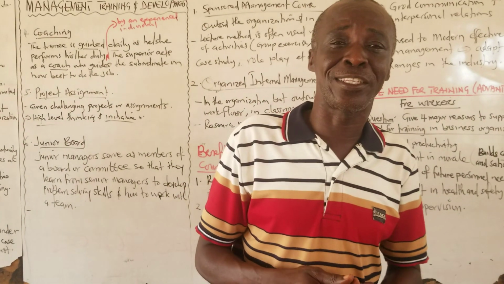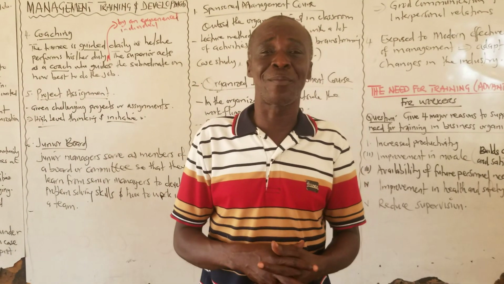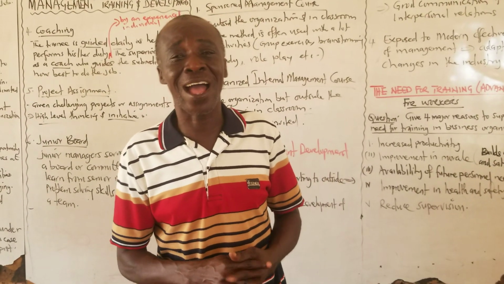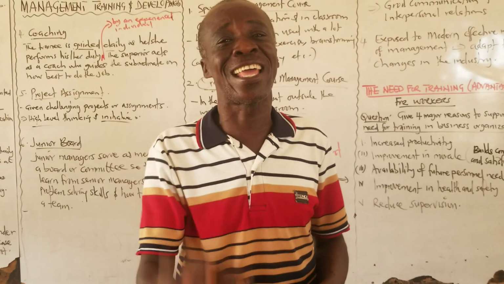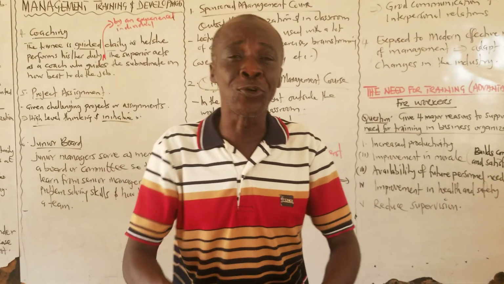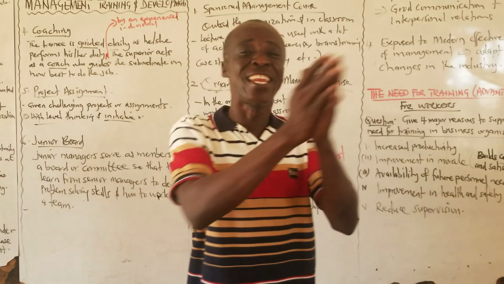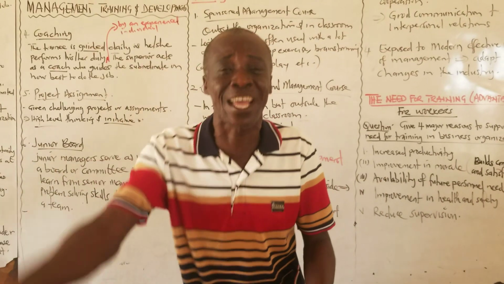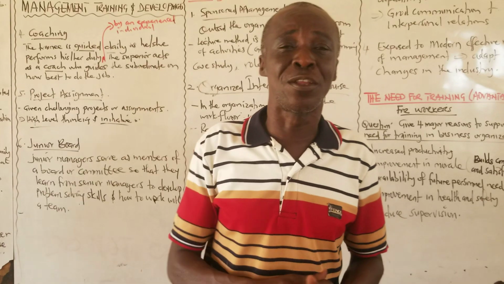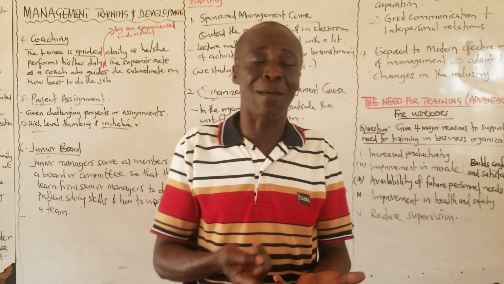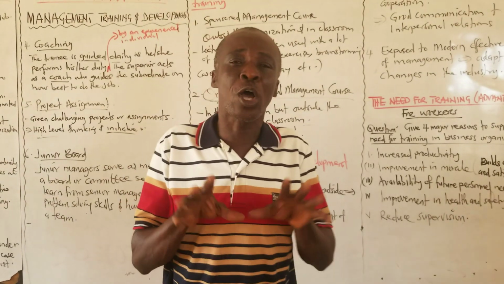a lower level manager, a middle level manager, or even a worker that is being prepared to become a manager, to acquire new skills and develop the existing skills. So throughout the training, you remember, you have already identified your training needs. You remember when we were talking about the steps involved in this training program, we looked at the fact that number one, you should be able to identify your training needs. What are the skills?